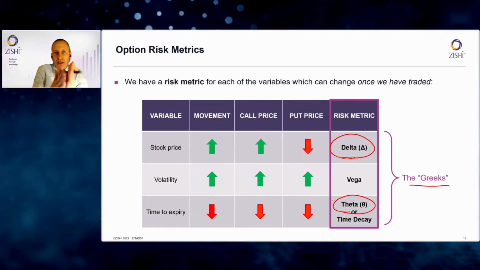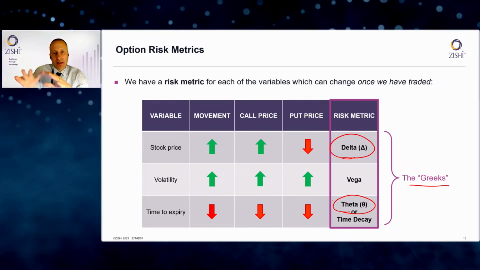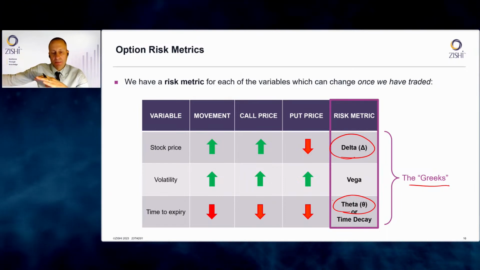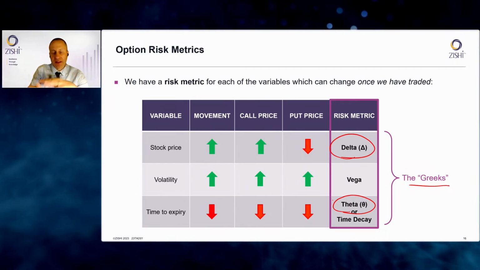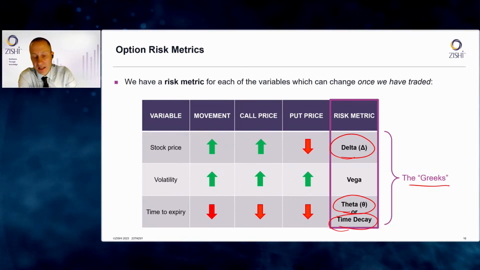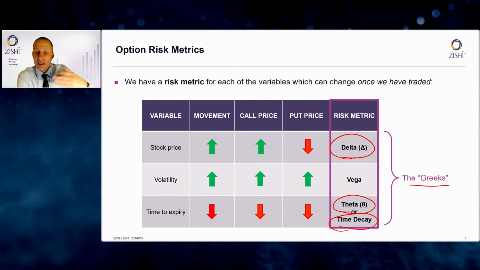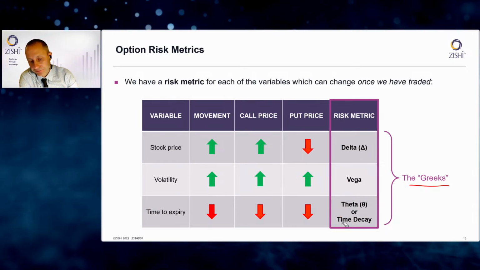So as today becomes tomorrow, and there is now 1 less day in our option price, we lose a certain amount of money from that premium, and that is called theta. But another name for theta is time decay. So you may well hear this being described as time decay rather than the Greek letter theta.